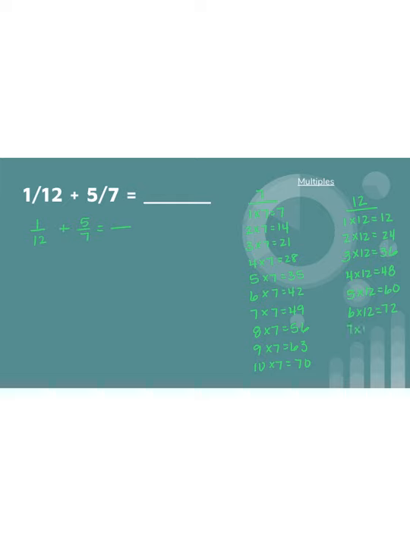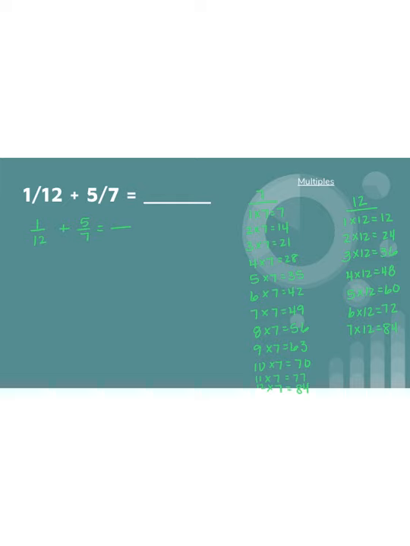Let's do 7 times 12 equals, gotta get my calculator out, 84. Okay, let's do 11 times 7 equals 77. And now we're at 12 times 7 equals 84. Okay, so that took a long time to find those, but we found them.